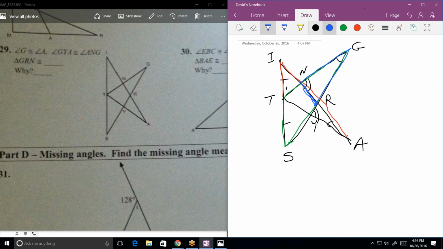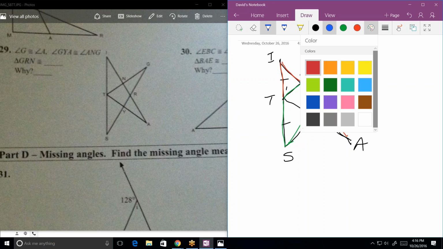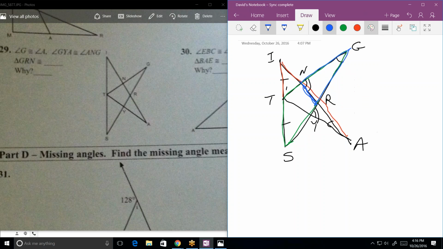And let's see, what other colors do I have here? And obviously going to try to prove that it is congruent with this one.